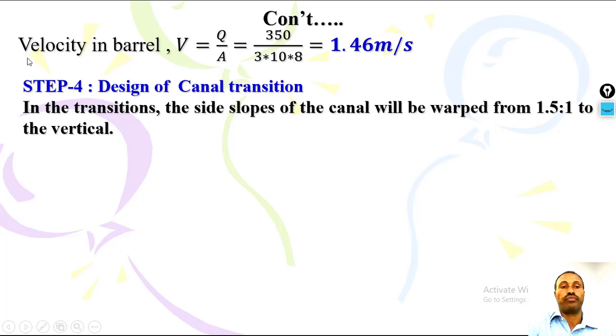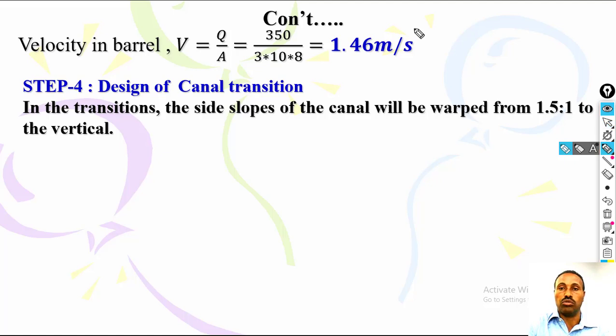Okay, so let's go to the velocity in the barrel. You have the discharge in the drainage, 350, over the area. The area is the width times the depth. You have 10 spans, 1, 2, 3, etc., it will go up to 10.